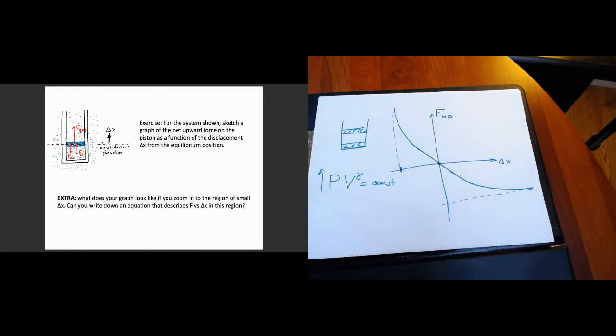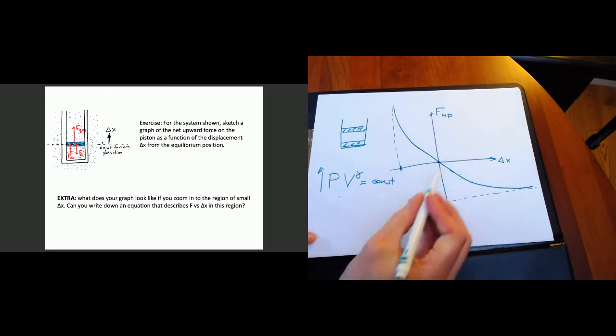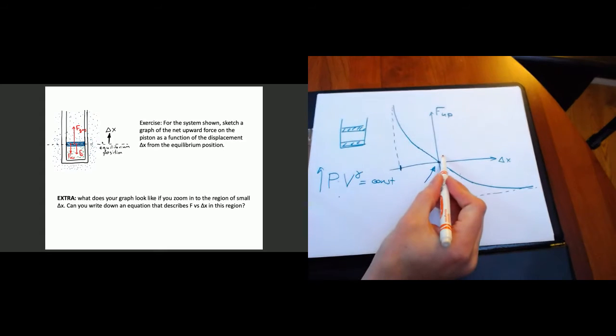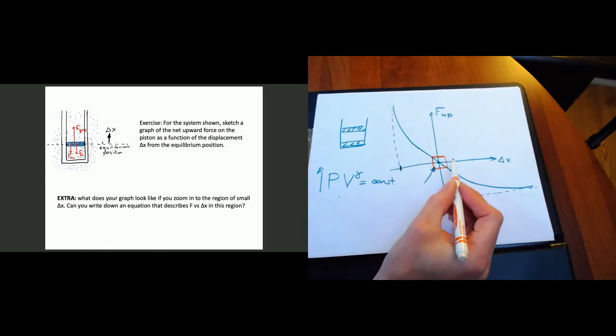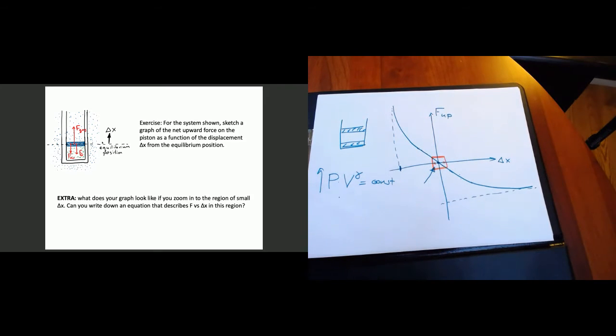But there is a simplification that comes by looking at the region very close to the origin. In other words, if we restrict to the situation where your displacements from equilibrium are very small, then you'll notice that the graph looks a lot simpler. So what I'm talking about is just zooming in to this part of the graph, where we're not going to allow the thing to oscillate very much.